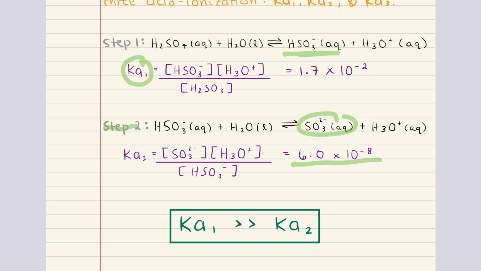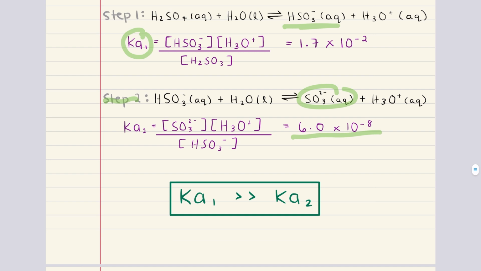Now, an important pattern with polyprotic acids is that the first ionization step is almost always stronger than the subsequent one. And that is reflected in the dissociation constants. For sulfurous acid, for example, we clearly saw that Ka1 is greater than Ka2.